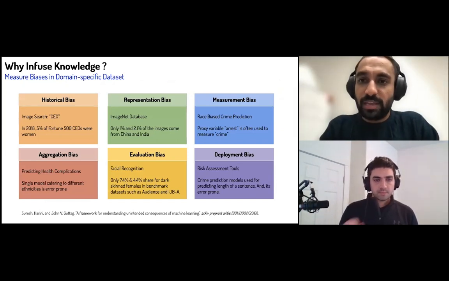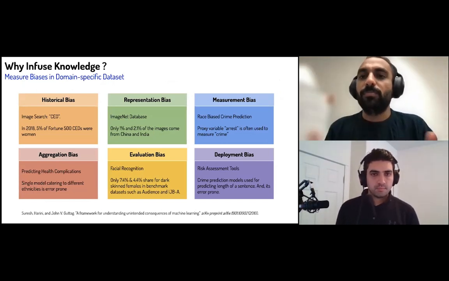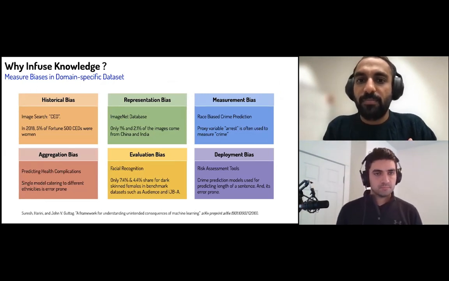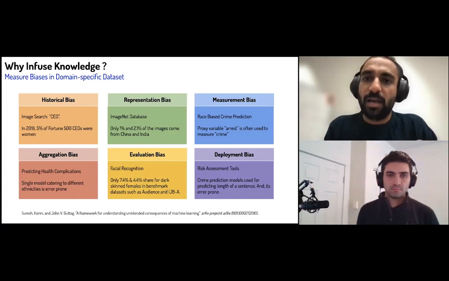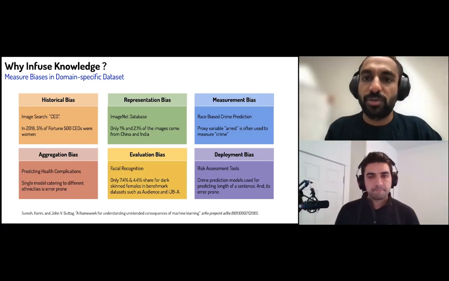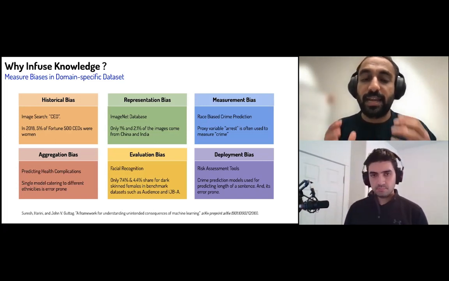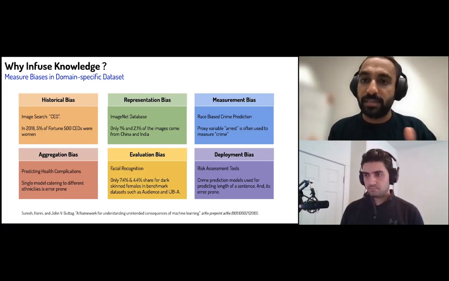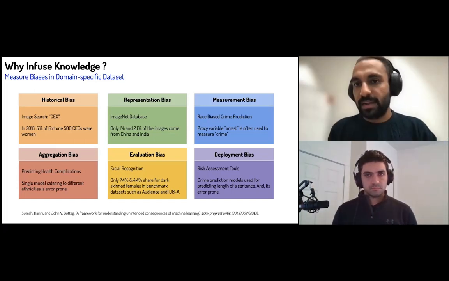So when we are doing knowledge specific activities in natural language processing to improve natural language understanding, there are certain necessary properties that we need to take care of. One of them, I don't want to go into too much detail on everything, but I would like to touch upon the measurement of biases. When we create data sets, and data sets are given to annotators, and they are given a task to annotate the data, they might get some guidelines, they may not get some guidelines, right?